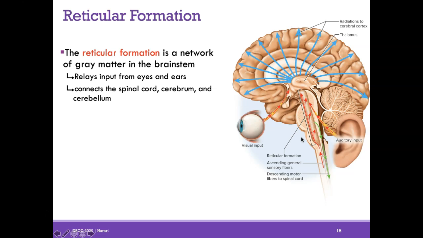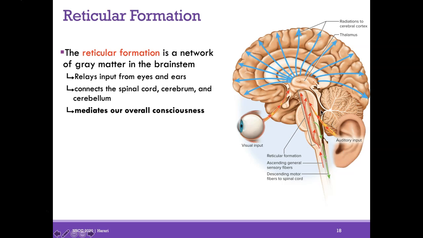The reticular formation is what helps send sensory information to the thalamus. And from the thalamus, it can then radiate to the cerebral cortex to the right place. So again, the reticular formation is very important. It helps mediate our overall consciousness level about what we see and what we hear.